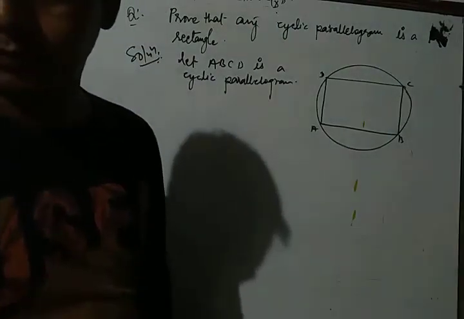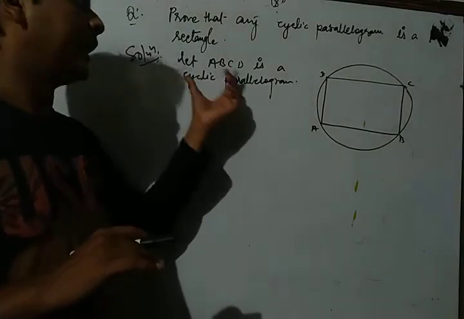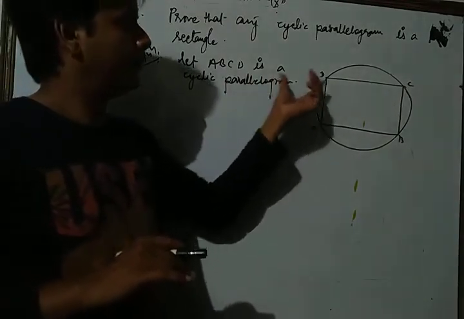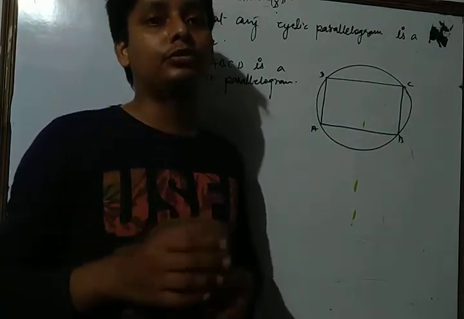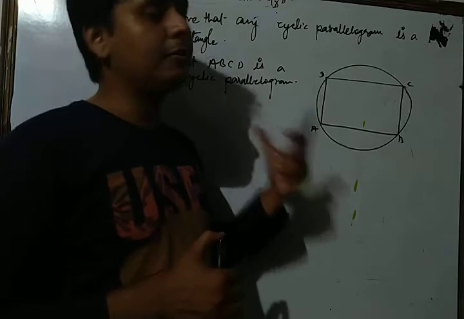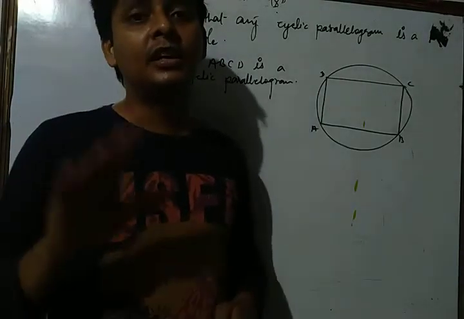In order to prove the parallelogram ABCD is a rectangle, we have to show that at least one of its angles is 90 degrees. If we prove one of its angles is 90 degrees, then we can say that ABCD is a rectangle.